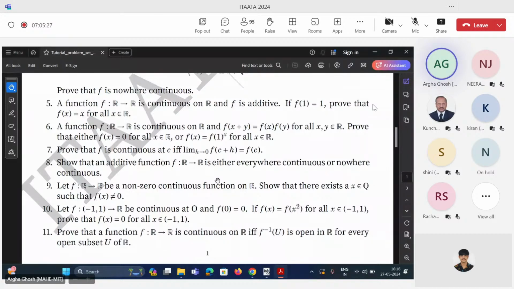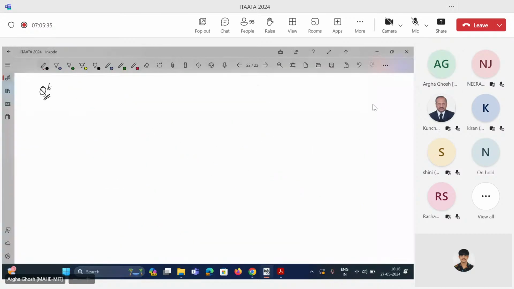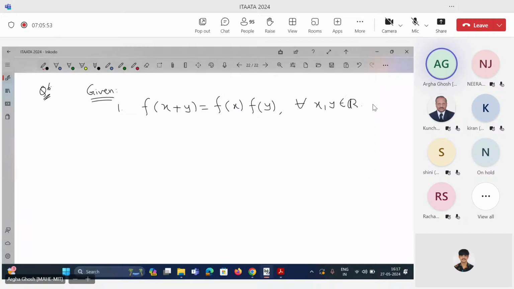I'll write the conditions on the board. Question number 6. First thing: f of x plus y is f of x into f of y for all x, y belonging to R. This is given.